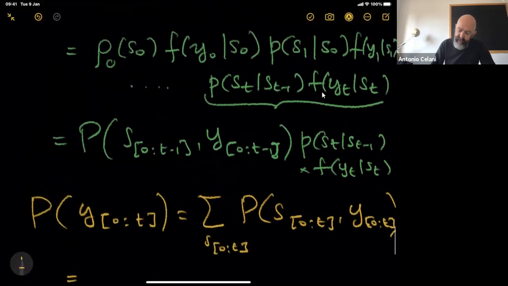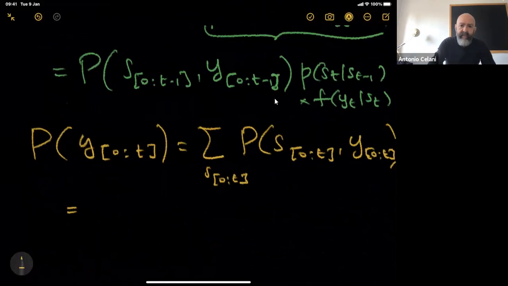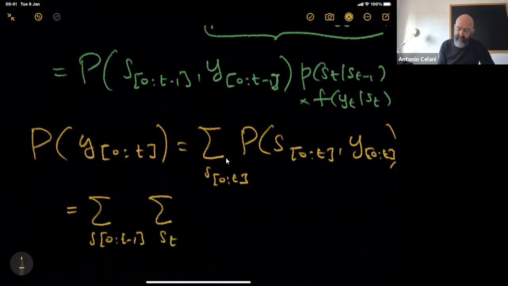But then I use this factorization property above, this one, and I can split this sum below here into the sum over the previous history and the sum over the last step of what?